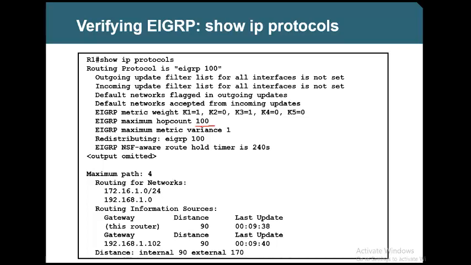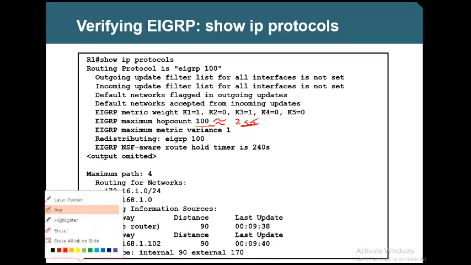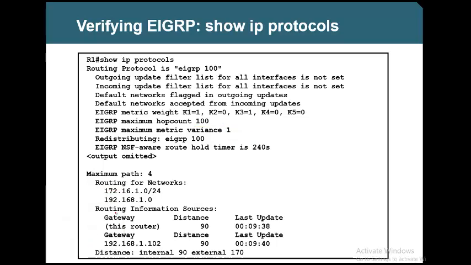It cannot handle much. But if you want to increase, you can increase up to 255. That's the max, not more than that. You don't have such a limitation in OSPF. Here, the maximum within an autonomous system recommended is only 100.